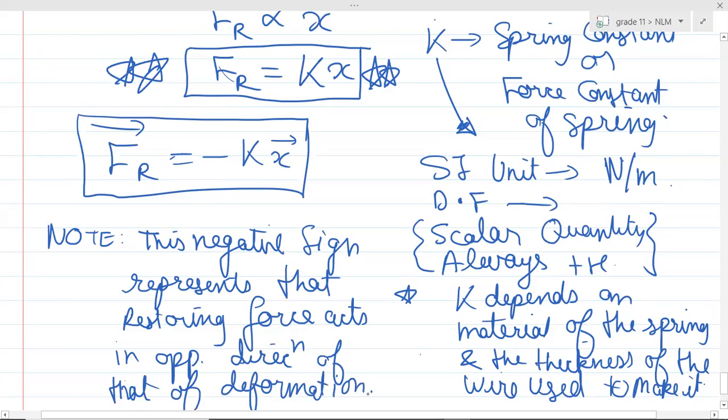Always in the opposite direction. So if you deform to extend it, then it will try to reduce the deformation. Okay.